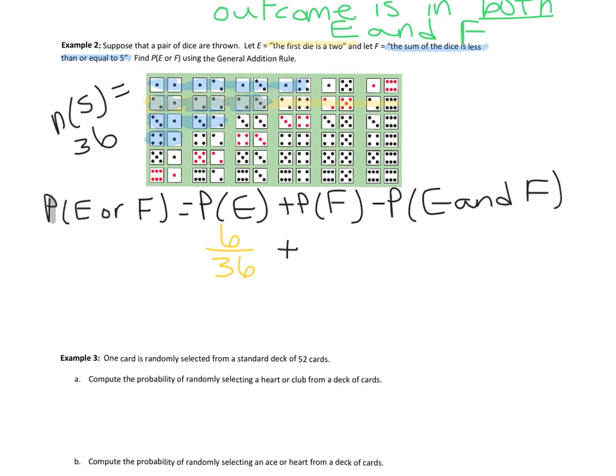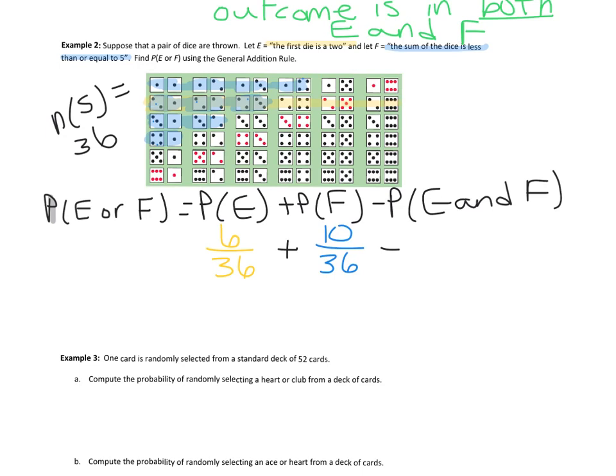So let's count up everything we have there. We have 1, 2, 3, 4, 5, 6, 7, 8, 9, 10 outcomes in event F out of 36 total outcomes. All right, and now let's talk about the overlap, because we have to subtract the pairs of dice that are in E and F. And that's the ones where the highlighter became green. Yellow and blue make green.